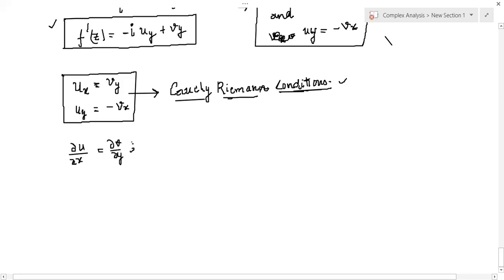And certainly another condition is that the partial derivative of u with respect to y must be equal to the negative of the partial derivative of v with respect to x. So these are the Cauchy Riemann conditions.